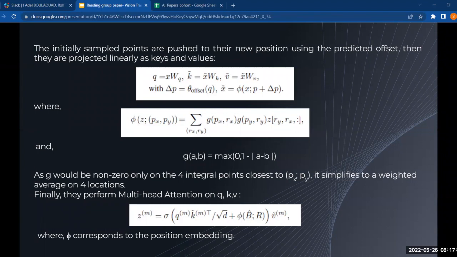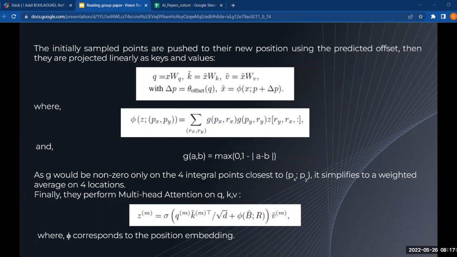And here you can see the function phi is a sampling function which is used for bilinear interpolation. So this is a function which basically does the bilinear interpolation of sample features so that we can get the key and value pairs. And the function g is defined here as maximum of 0, 1 minus modulus of a minus b.